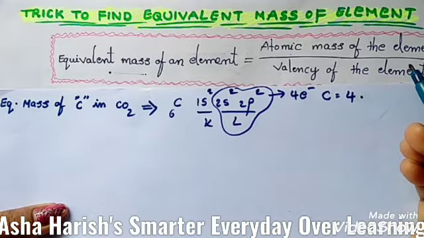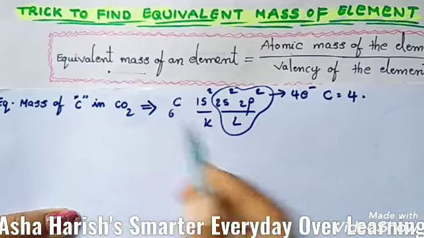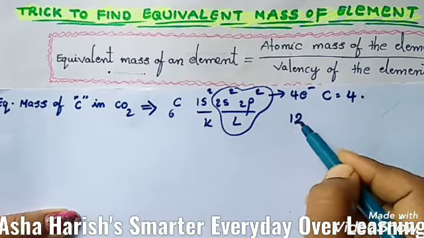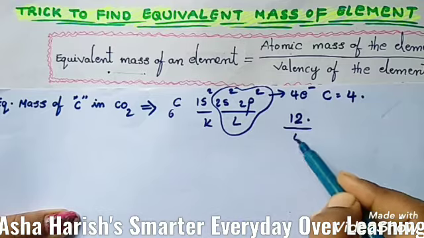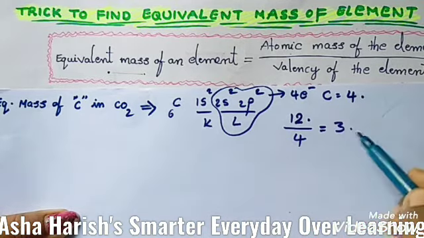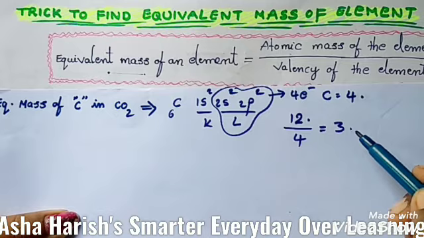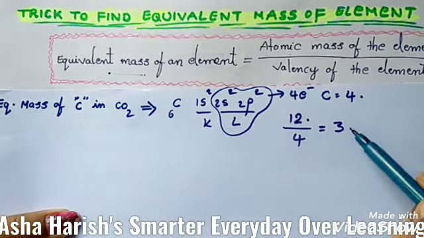Now the atomic mass of carbon is 12, divided by the valency 4. We get the answer 3, the equivalent mass of carbon in CO2.